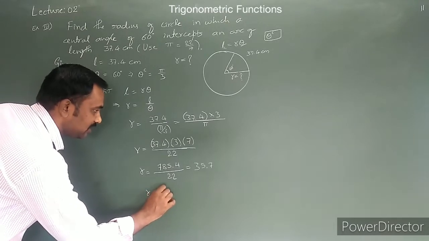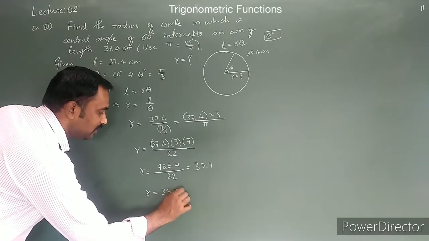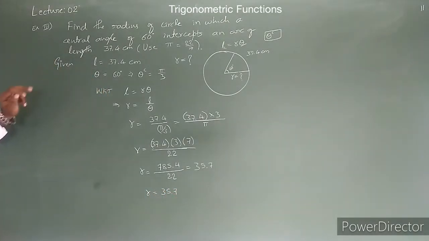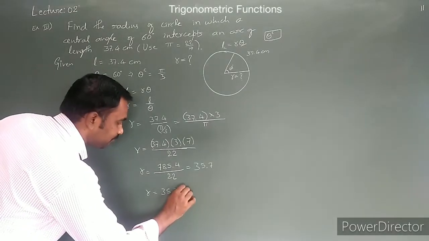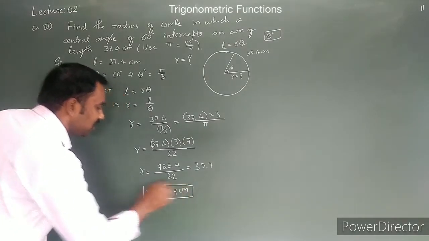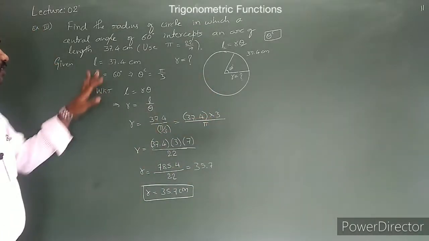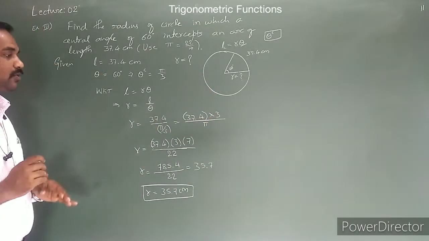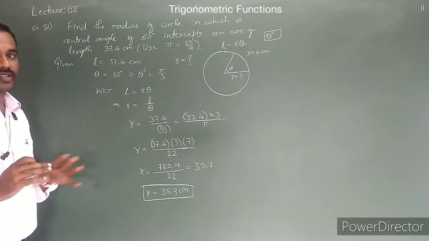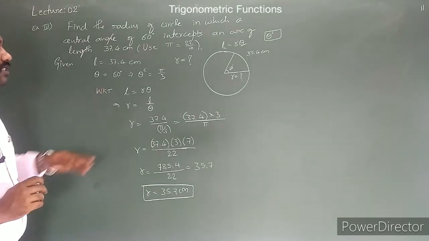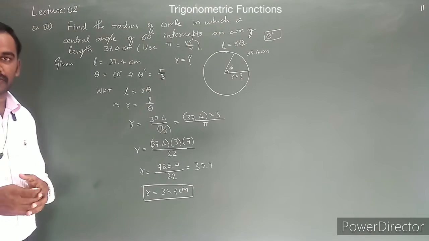Therefore required radius is 35.7 centimeters. Required radius of the circle is 35.7 centimeter. This type of problems are also very important for the 2 marks or the 3 marks session. In the same manner, let's take the next problem.